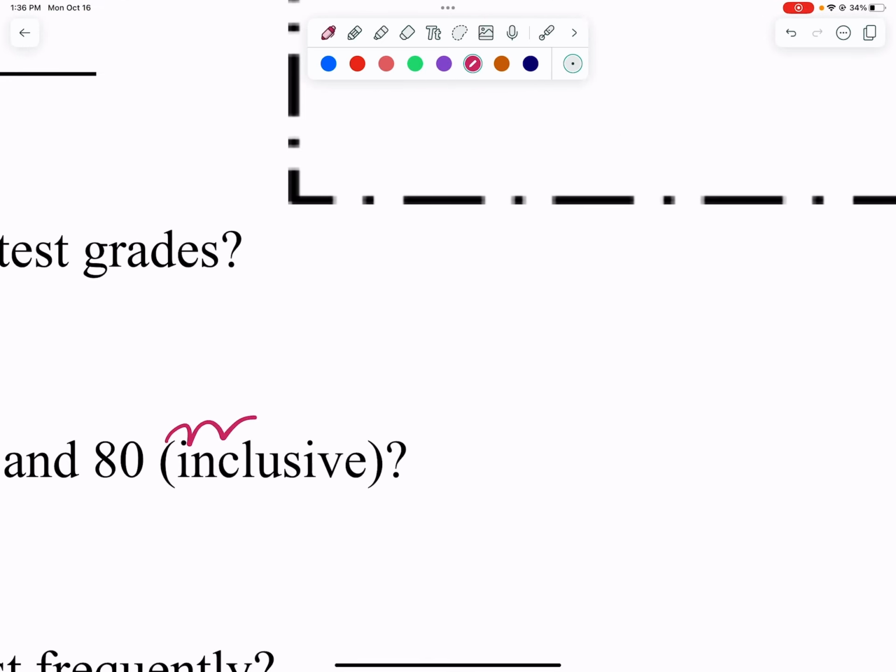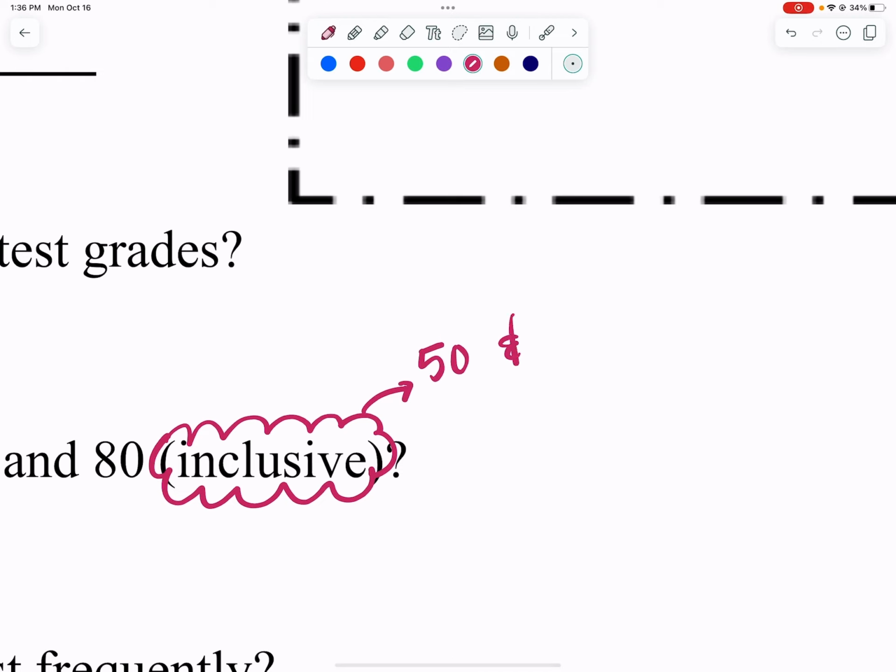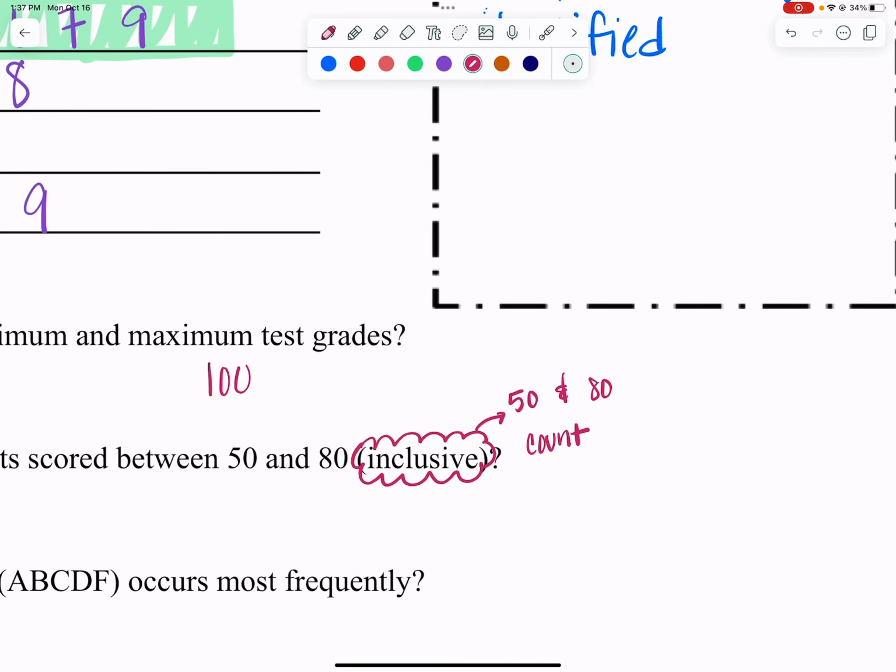To answer this one accurately and correctly, we need to make sure we know what inclusive means. Inclusive means 50 and 80 count as part of our scores. If we weren't including them, then we wouldn't use 50 and we wouldn't use 80. We would just use the numbers in the middle.